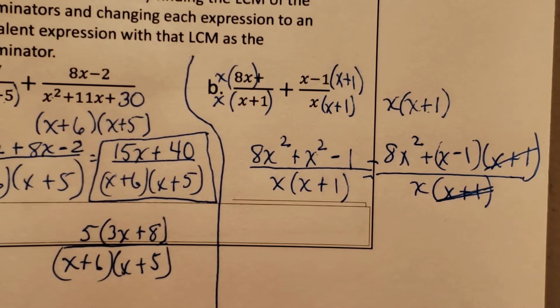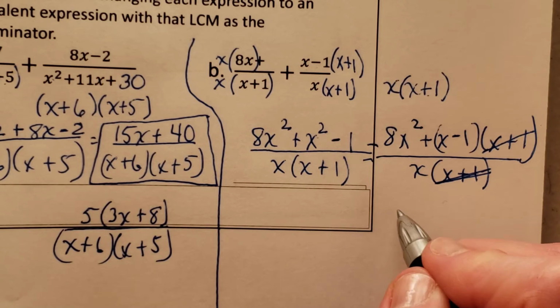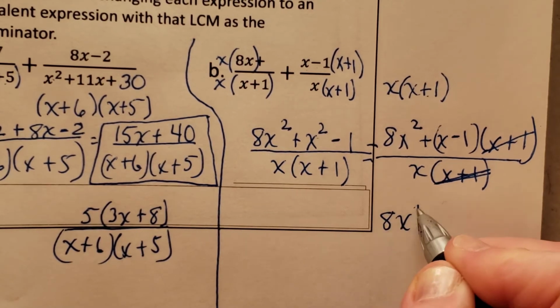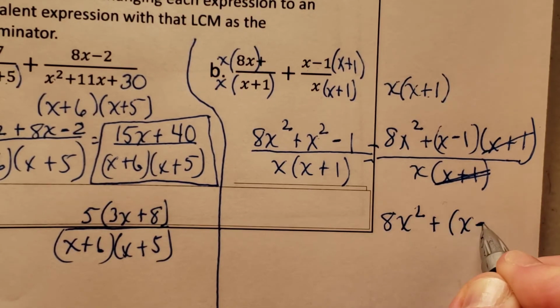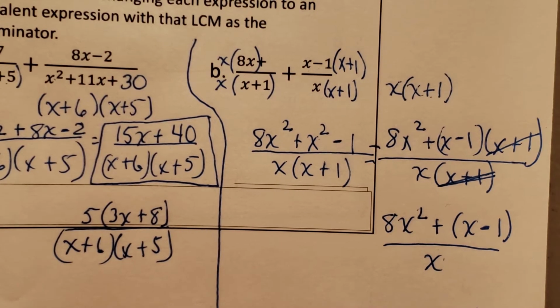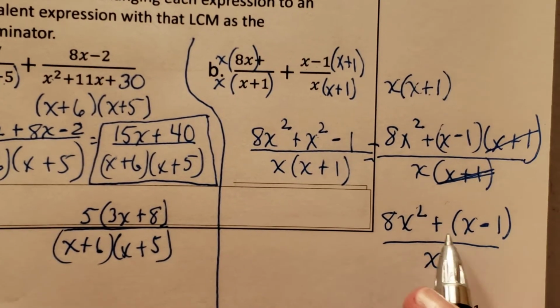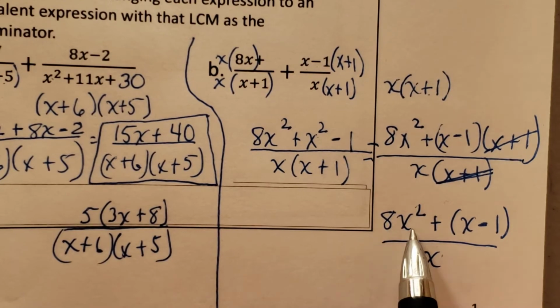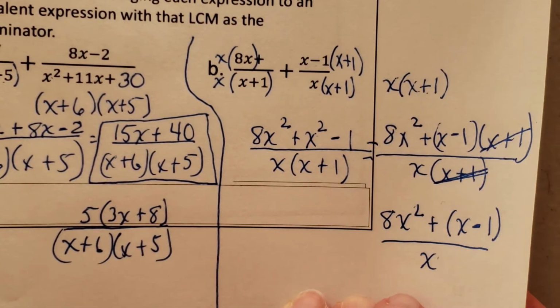You see that? All right, so then let's see what we have left. What we have left is 8x squared plus x minus 1 over x. Okay? And that's the answer. Or I could drop those parentheses. I wouldn't need them. I could write 8x squared plus x minus 1. All right, so that is letter B.